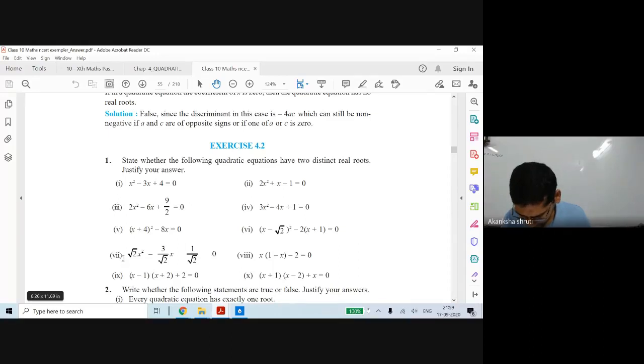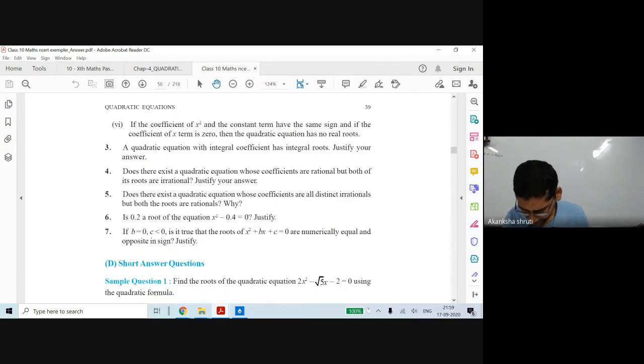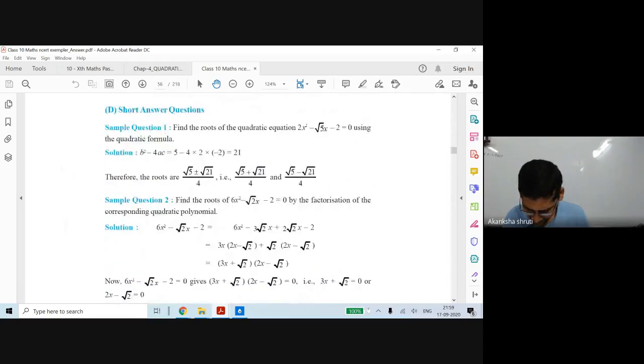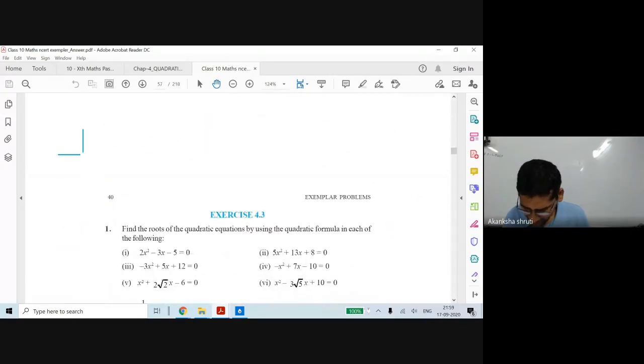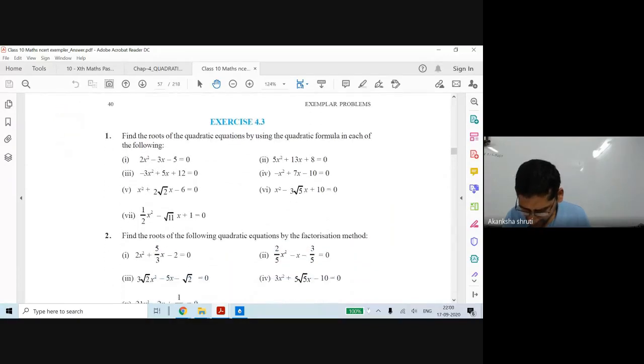Like in question 7 it is given, question 6 it is given, the numbers are irrational, so this you can do. 4.1 we have already completed. Again forming this, it is our exemplar problem.